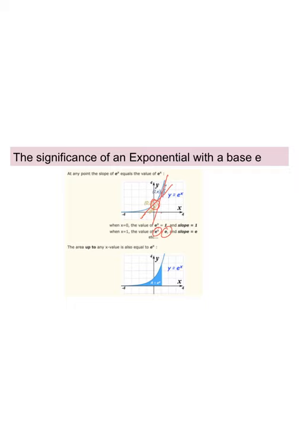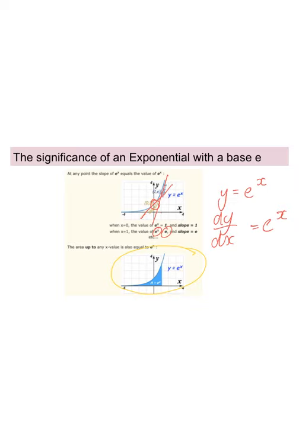So that actually tells us a little bit about the derivative. If we've got a function in the form y equals e to the x, then our derivative is also e to the x. And when we look at it in terms of the integral or the area under the curve, we notice something also particularly interesting.